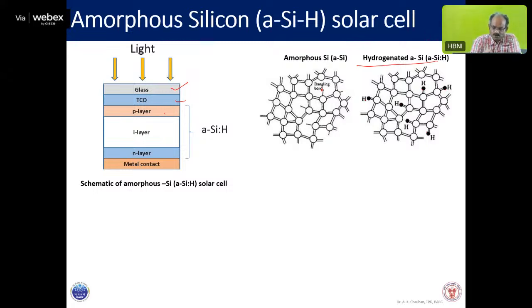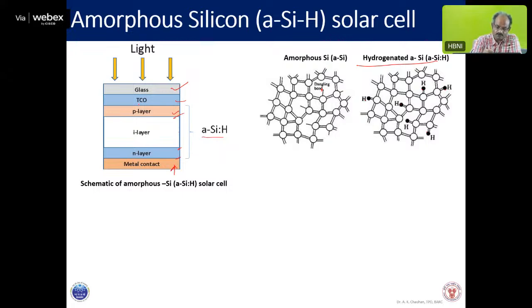Then a p layer of amorphous silicon is deposited. Then we deposit an intrinsic silicon layer of slightly higher thickness. Then we deposit a layer of n amorphous silicon, and then there is a bottom metal contact.